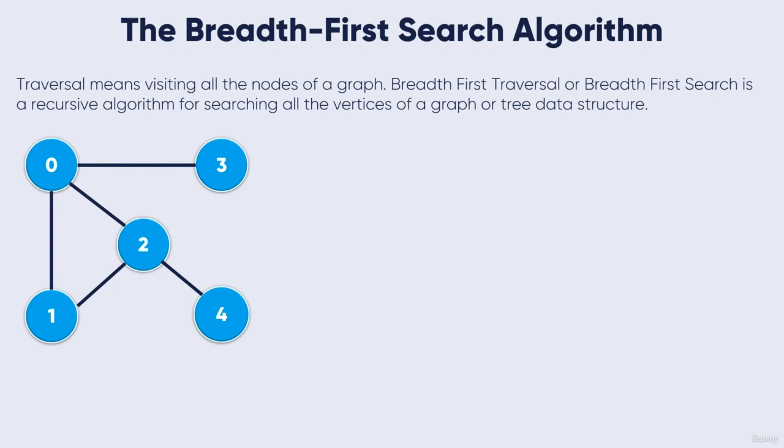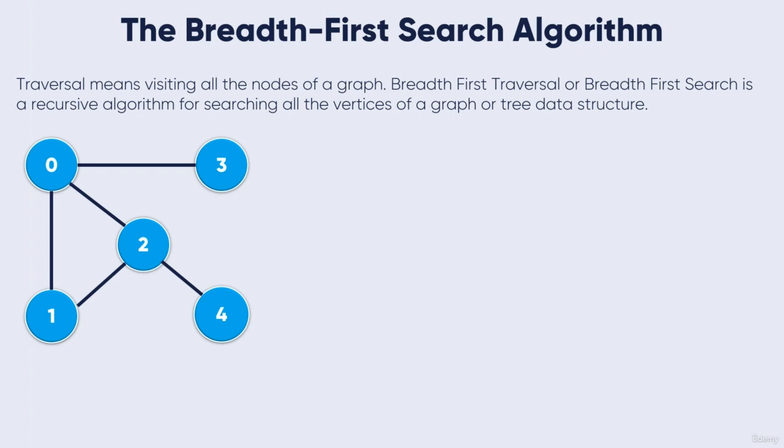a tree data structure. It's the same mission, the same goal of the previous search algorithm that we have learned about, the DFS. It is visiting all the nodes, but here we have a different concept.